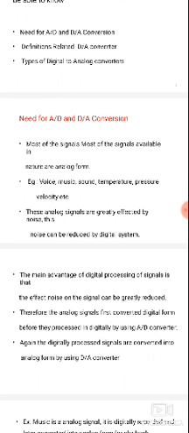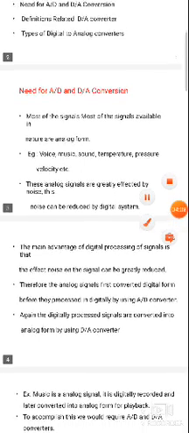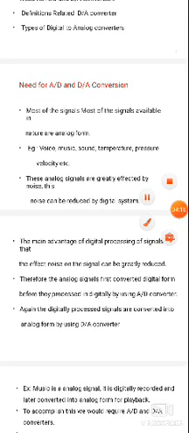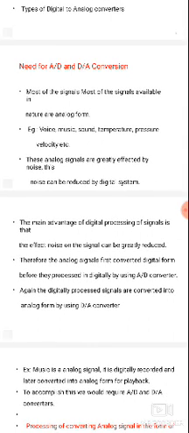Conversion means converting one form into another, either analog to digital or digital to analog. Conversion is nothing but exchanging analog values for digital values, or digital for analog. Most signals are available in analog form, in nature in analog form only.